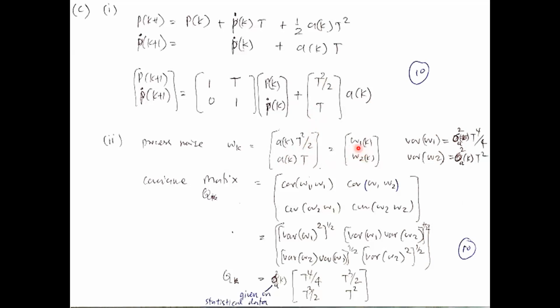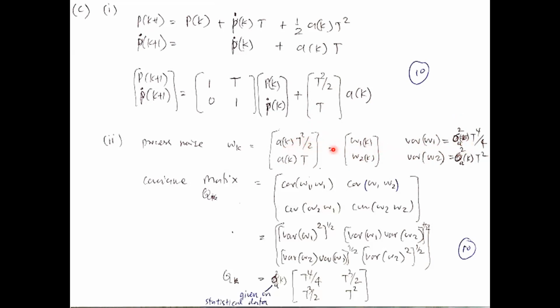So when you take W1K and W2K, these are the process noise terms on position and velocity separately, right? When you take the variance of W1 and variance of W2, this is how you do that. You get the standard deviation square, and together with it, any other thing that is multiplied.